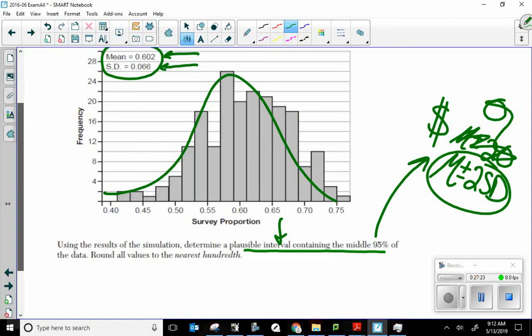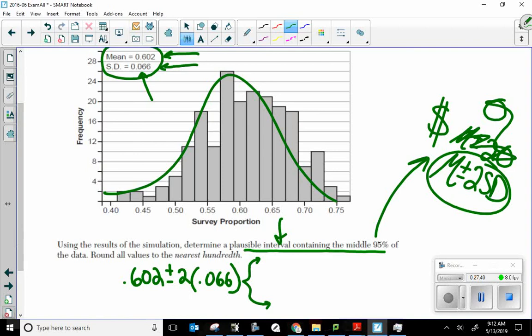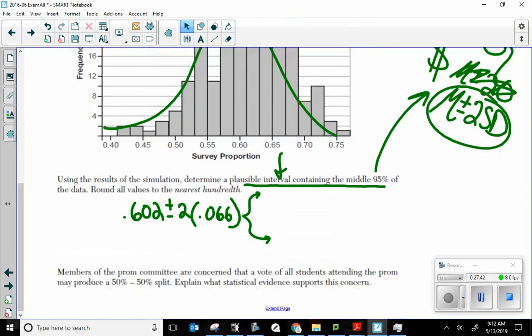That's the mean, which is 0.602. I need to add and subtract 2 times the standard deviation, which is 0.066. I'm going to, again, use the calculator for this because why not? I have one for every single question.